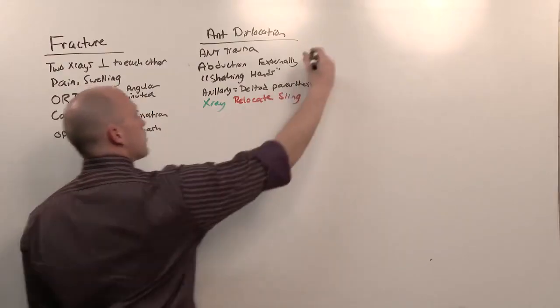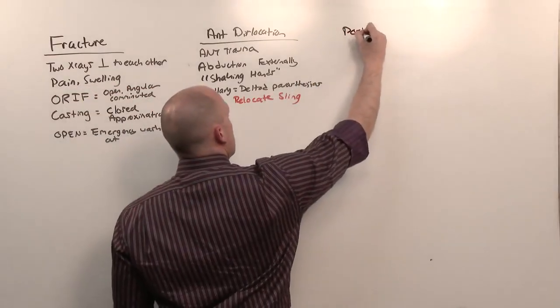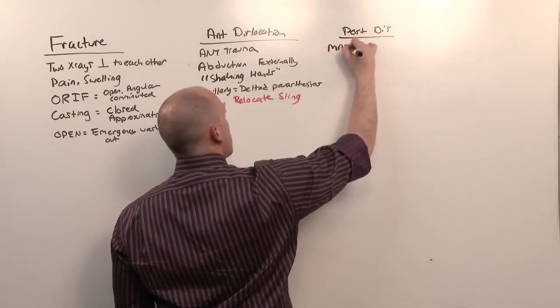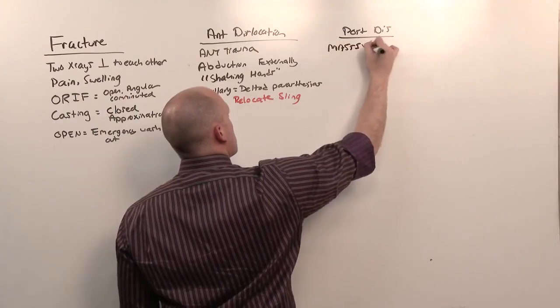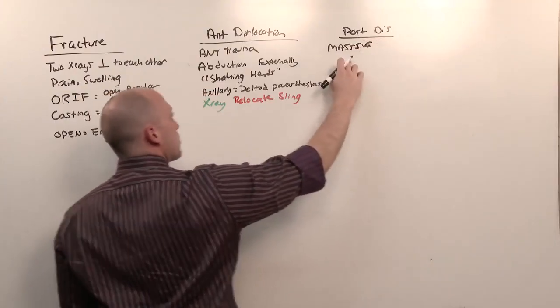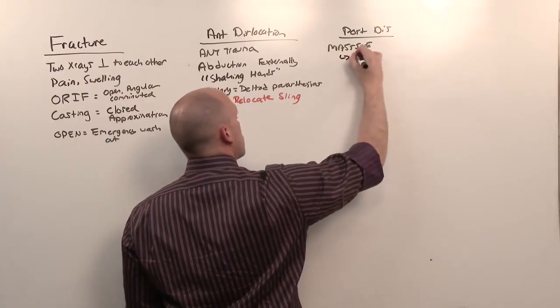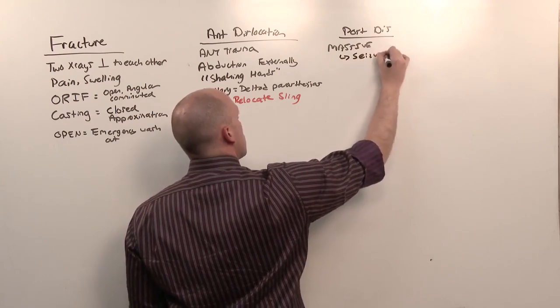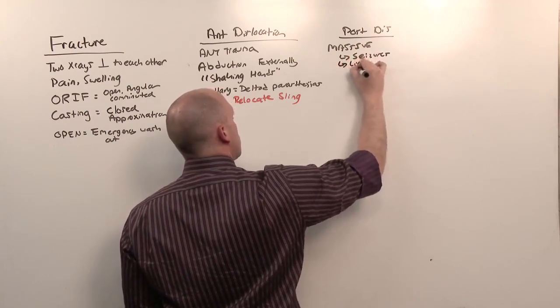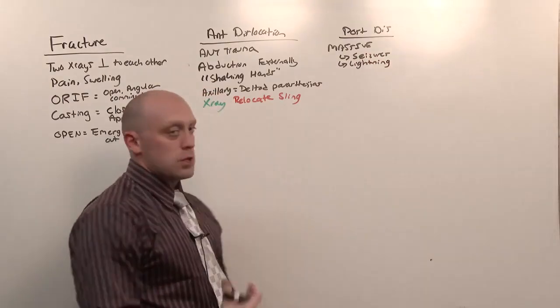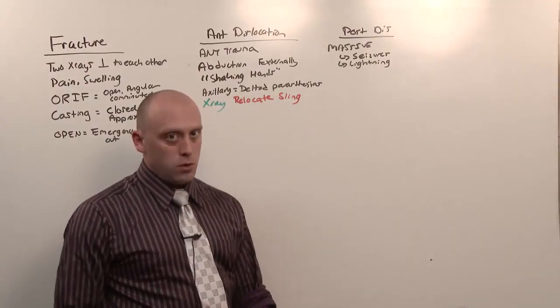If you compare that to a posterior dislocation, which must have massive trauma, not any trauma will do it. This has got to be the huge car accident, pedestrian struck, thrown from a vehicle, or the things you should look for being either seizures or lightning strikes, where the muscle contracts with such a force that it's able to dislocate posteriorly.